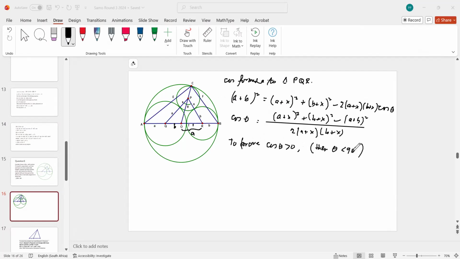That's what we really need to show. We need to show that theta is acute. And I'm saying rather than do that, show that cos theta is positive. So that's the goal.